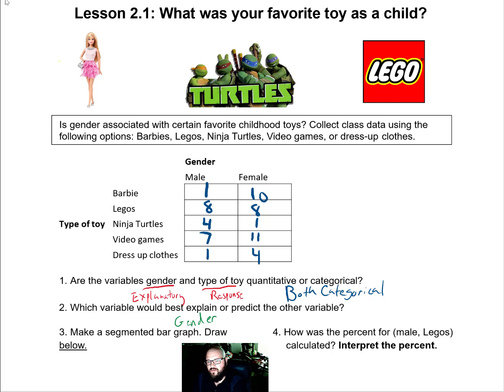So we have a total of 21 males. And on females, they have 18, 19, so then we got 30, we got 34. 34 females, okay?